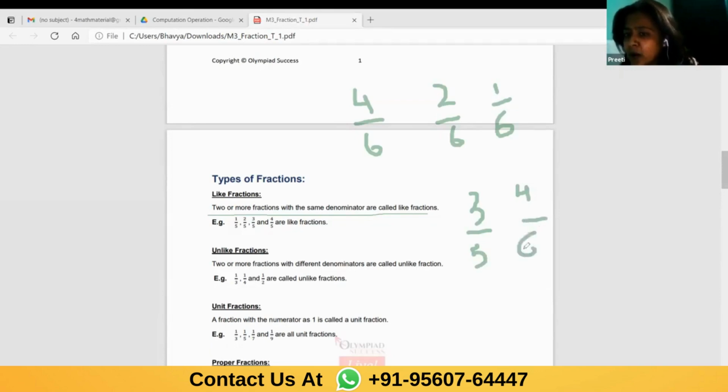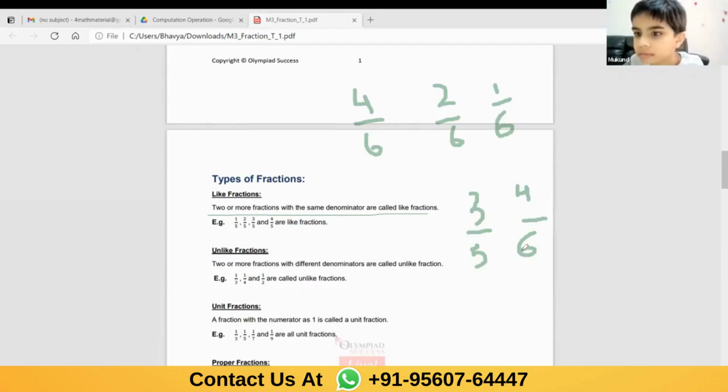When the denominators are same, we call them like fractions. If the fractions have 1 in their numerator always, then we call those fractions unit fractions.